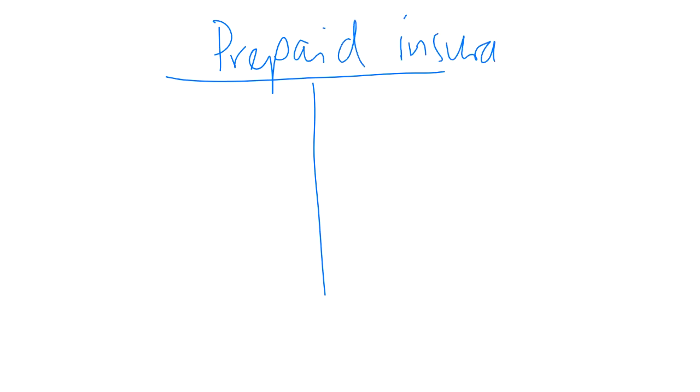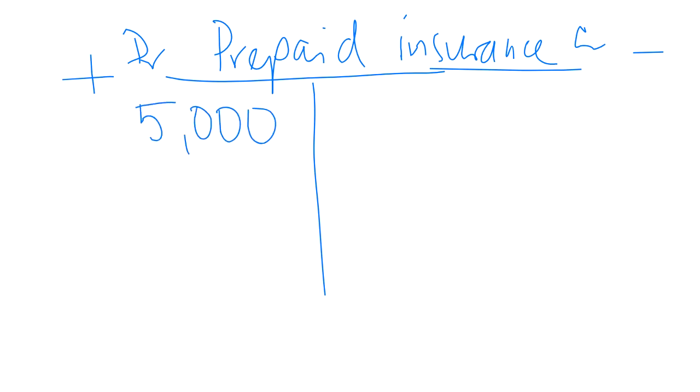This is an asset account, so debits mean plus, and on the credit side, I'll see minuses. In this case, we're debiting prepaid insurance $5,000. We're saying that this prepaid insurance is for a 12-month insurance policy. So if I take the $5,000 and divide it by 12 months, I will be able to solve for what the company will be using every month in insurance.